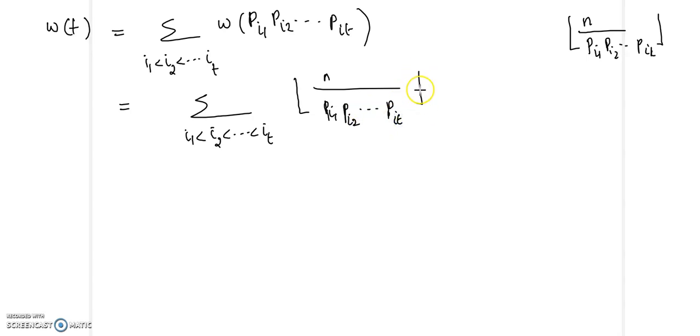Now our n is equal to p1 raised to m1, p2 raised to m2, etc. pk raised to mk. So these pi1, pi2, etc. pit will be t elements from p1, p2, etc. pk, and n will be divisible by them.